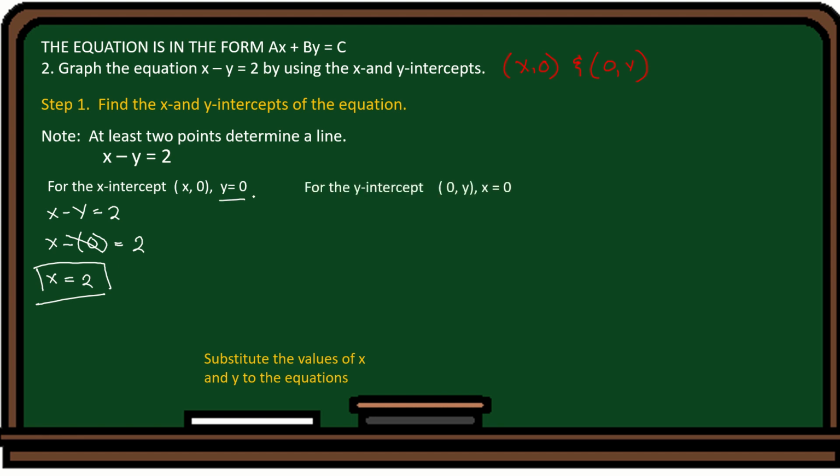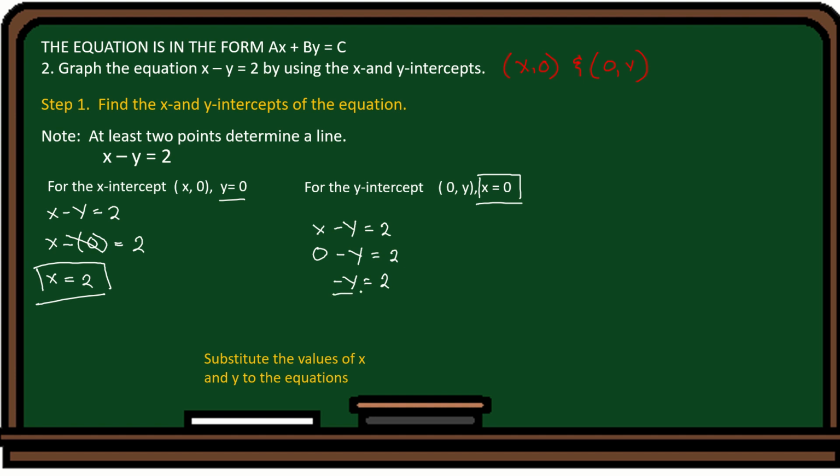Next, using the y-intercept, where your x is equal to 0. So x minus y equals 2. Substitute the value of x to 0: 0 minus y equals 2. So the remaining will be negative y equals 2. Remember class that if your variable becomes negative, you make it positive.